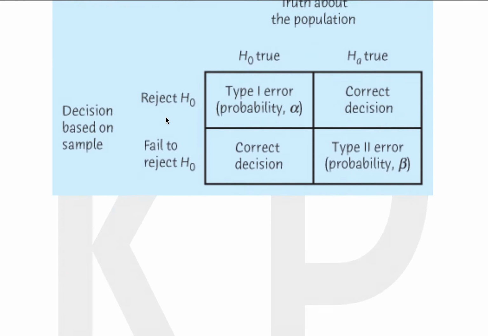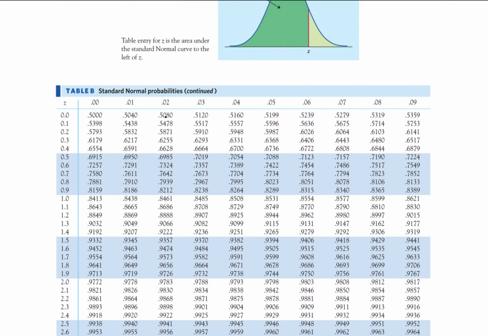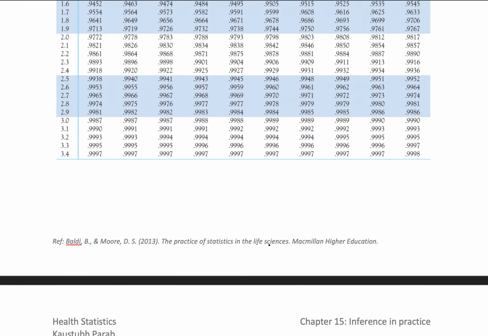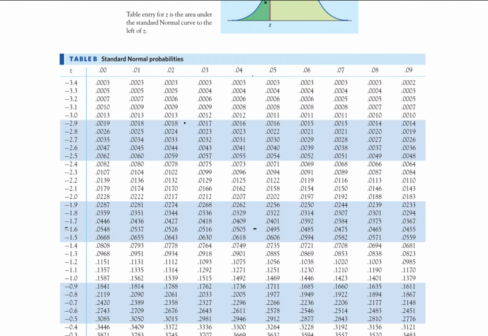So let's look at 0.05 as an area value in table B, just like we used to do before. Try to locate if you can find 0.05. Since it's an area, we have to go inside out. So this is 0.049, this is 0.048, this is 0.0505.